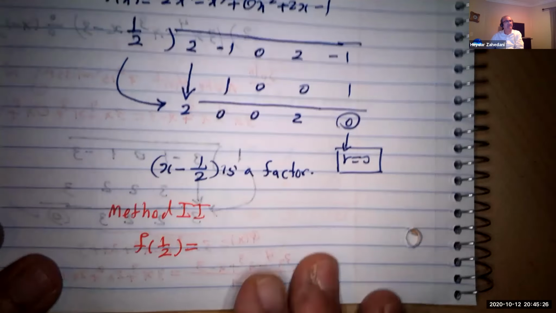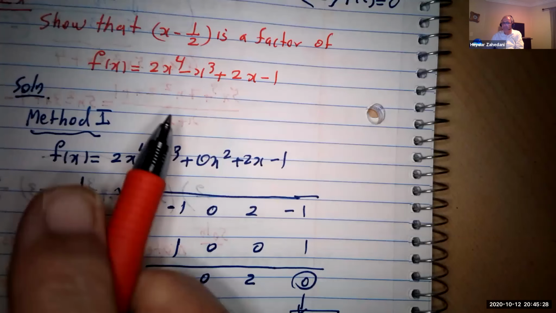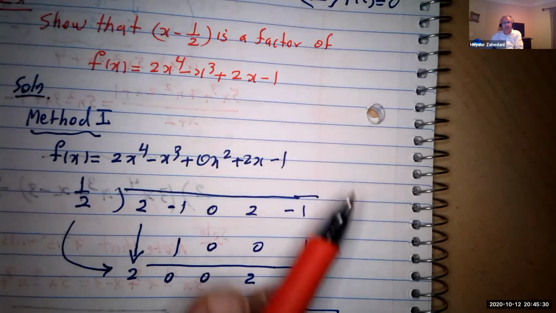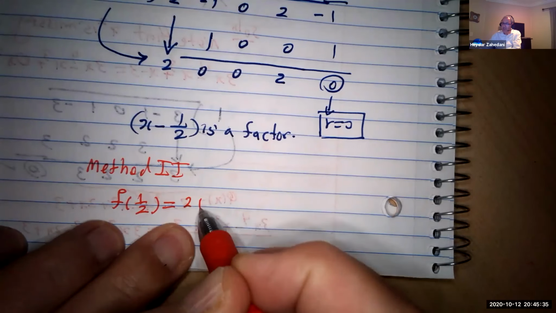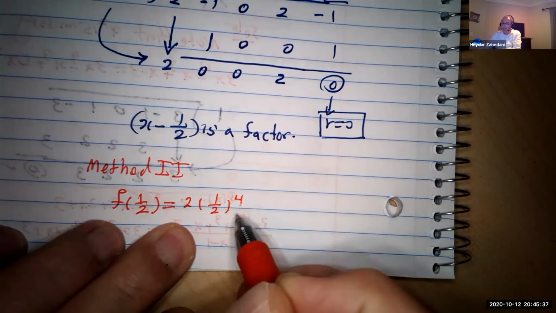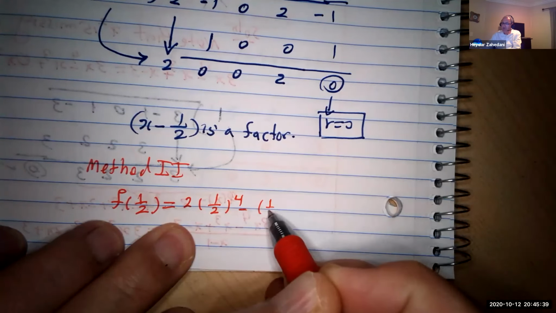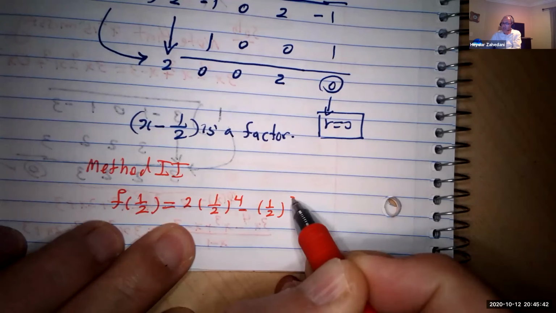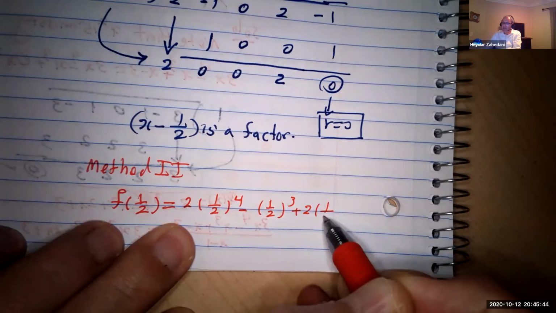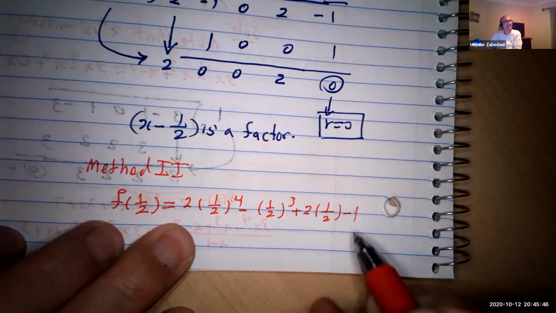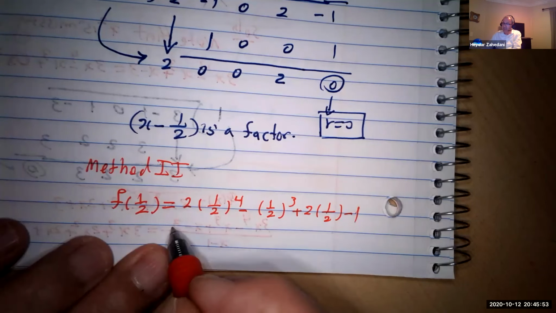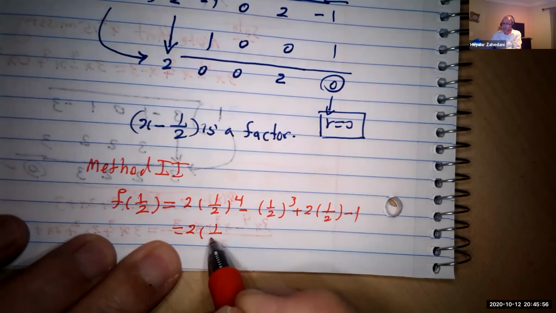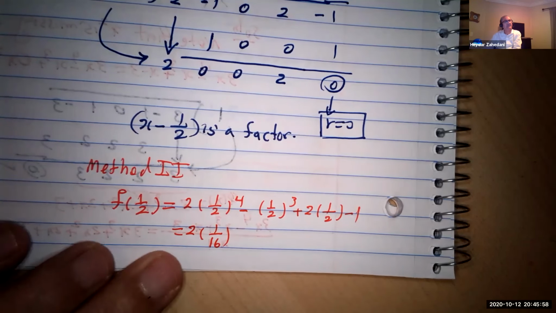So f of 1/2 is 2 times 1/2 to the fourth, minus 1/2 cubed, plus 2 times 1/2, minus 1. 1/2 to the fourth is 1/16, because 2 to the fourth is 16.